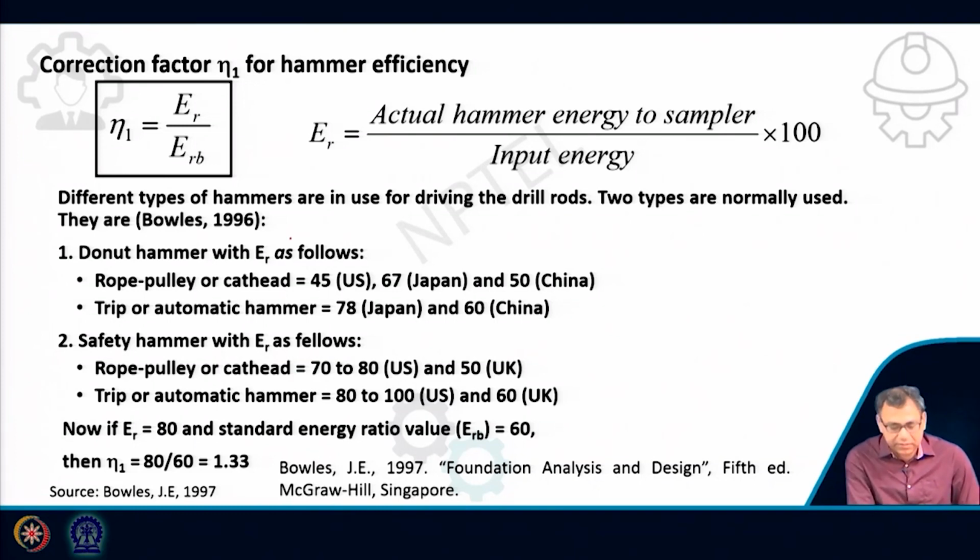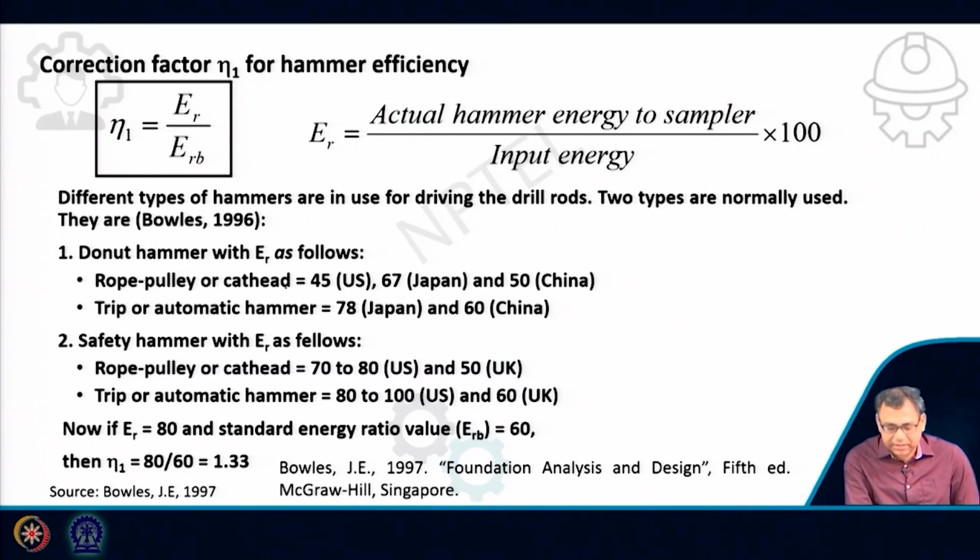So that is given here. For rope pulley or cat head, the ER value is 45 for US, for Japan it is 67, for China it is 50. For trip or automatic hammer, it is 78 for Japan and 60 for China.